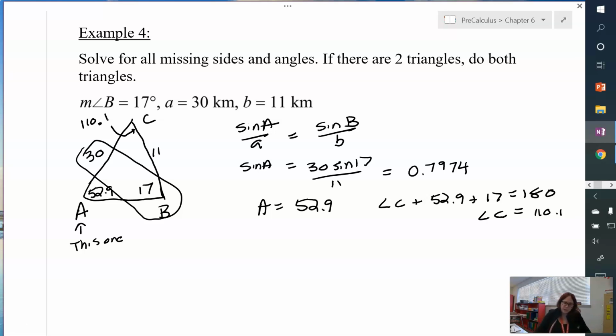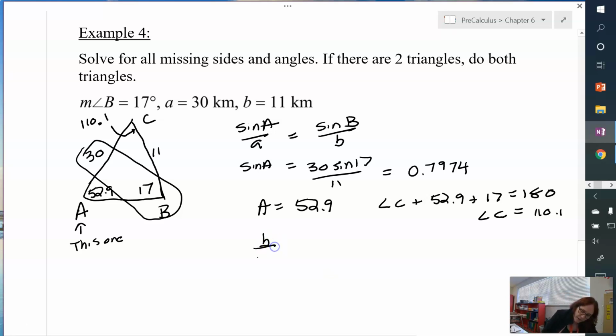I'm going to use the given pair. So sine A over A equals, nope, sorry, B is the one that's given. And because I'm looking for little c, let's flip the law of sines over and let's do the lengths on the top.